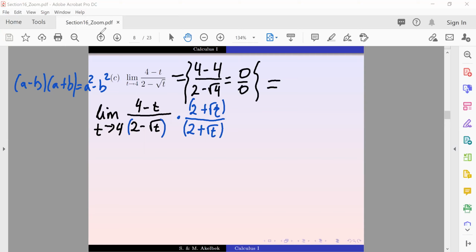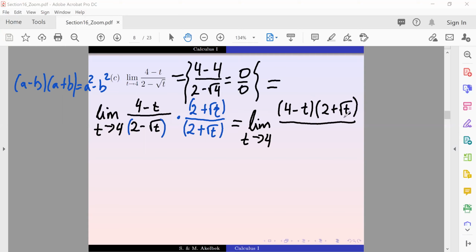So what we have is equal limit as t goes to 4. On the top, I'm not doing anything yet because I don't know what's going to happen. I need to cancel and reduce something. If I start multiplying out, then I would need to factor back. So I'm not doing anything on the top.